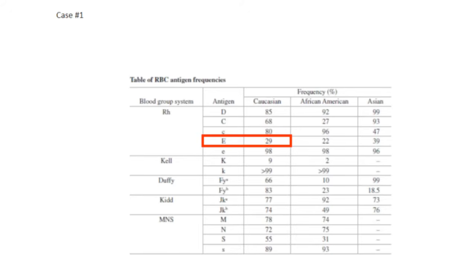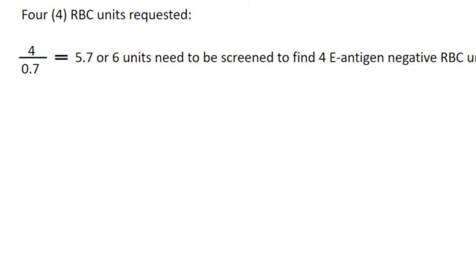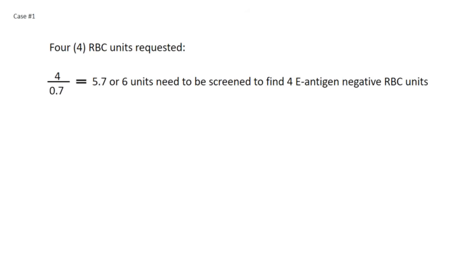So we would divide 4 by 0.71, and that would give us 5.6, and we can round that to 6. So essentially, we would need 6 RBC units to be screened in order to find 4 Rh big E antigen negative compatible RBC units. Correct.